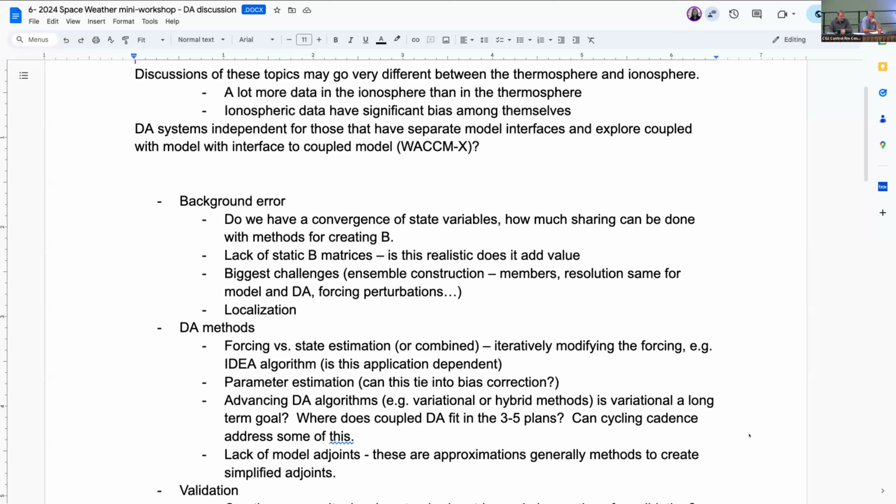And of course, that comes with other issues, notably the last point here. We don't have model adjoints for any thermosphere ionosphere model that I'm aware of. So that would need to be developed, and could something be done in a simple way that would be effective enough? So that's where the two of us started thinking, and we'd welcome any comments or suggestions on these points.